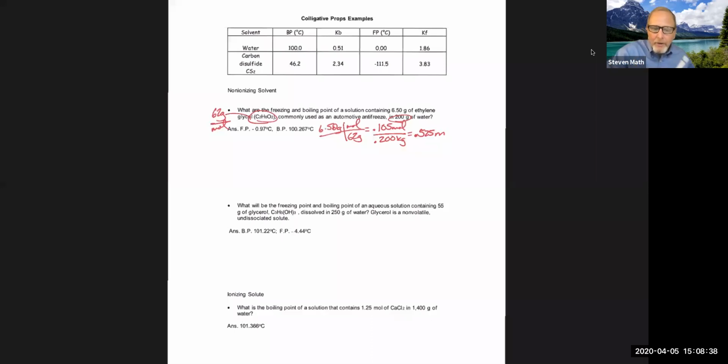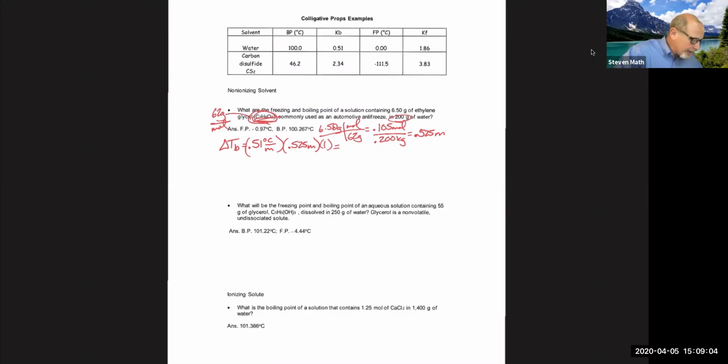Okay, so now let's find the change in boiling point. Delta T in boiling is going to be 0.51 degrees Celsius molal times the molality, 0.525. And in this case, this is very carbon-based, so its i is going to be 1.